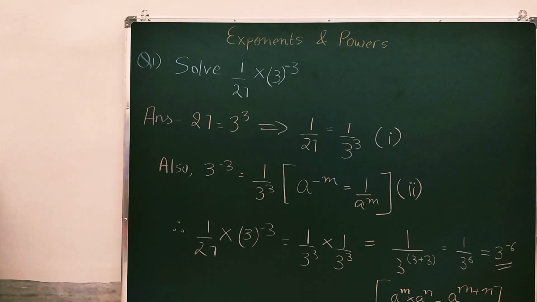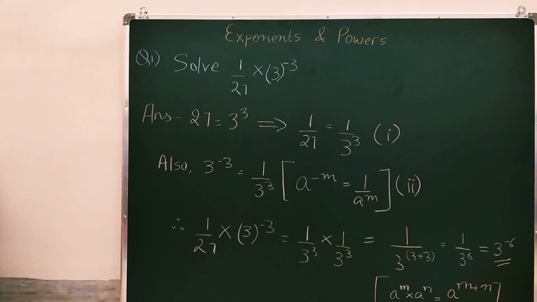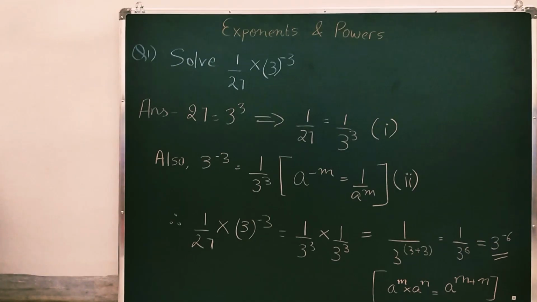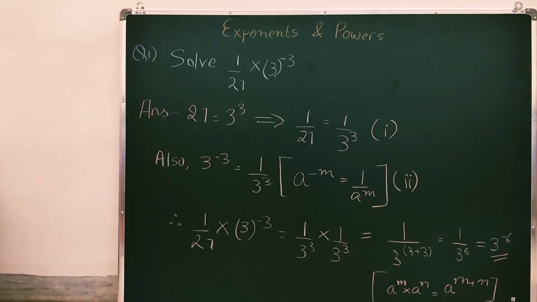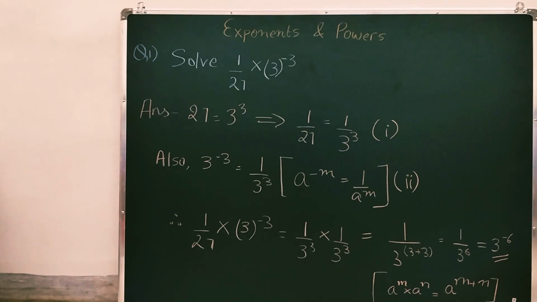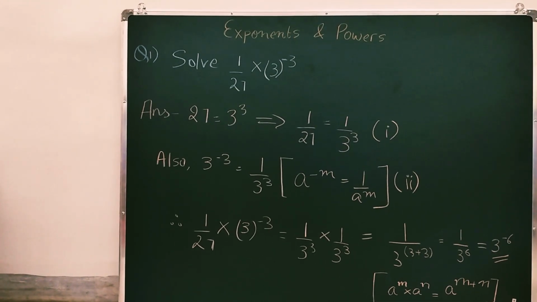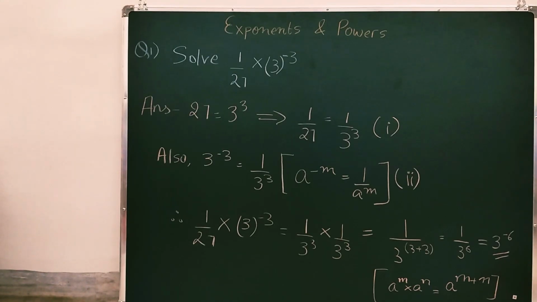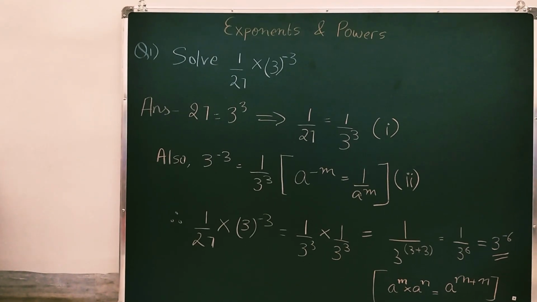Also 3 raised to power minus 3 is actually equal to 1 by 3 raised to power 3. According to this law, a raised to power minus m is equal to 1 by a raised to power m. So 1 by 27 into 3 raised to power minus 3 actually becomes 1 by 3 raised to power 3 into 1 by 3 raised to power 3.